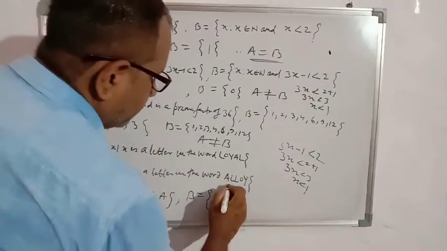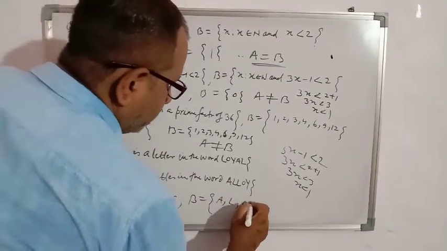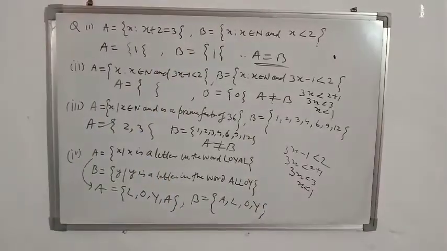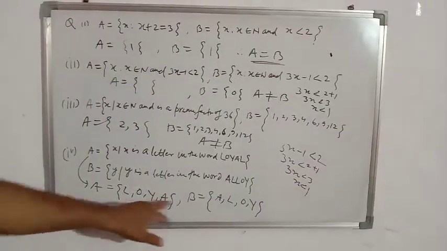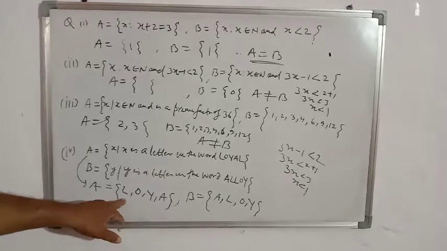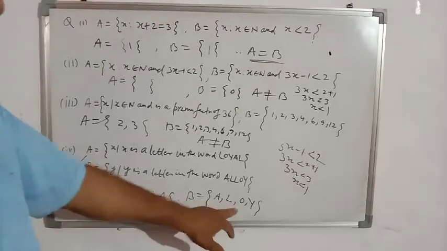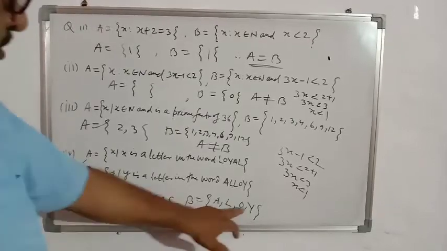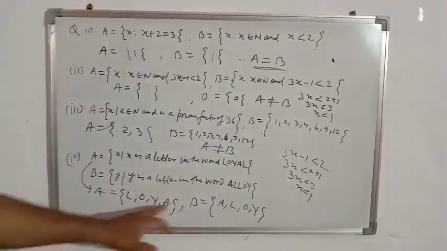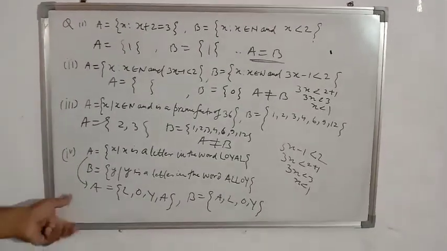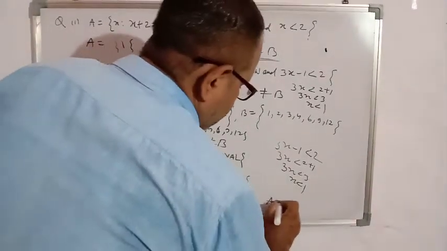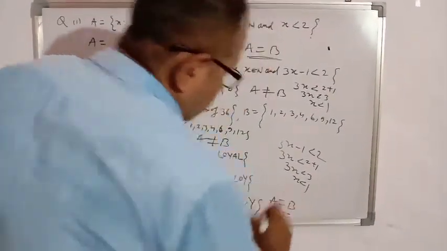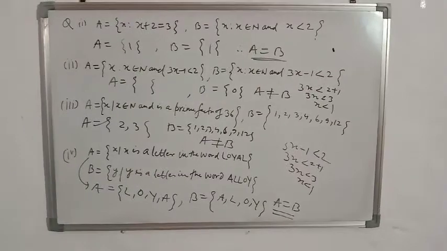So A, L, O, Y. Now see, A and B, both sets have exactly the same elements. A is here, A is also here. L, L, O, O, Y, Y. Both sets have exactly the same elements, so both are equal. In the last case, we can say that A is equal to B.